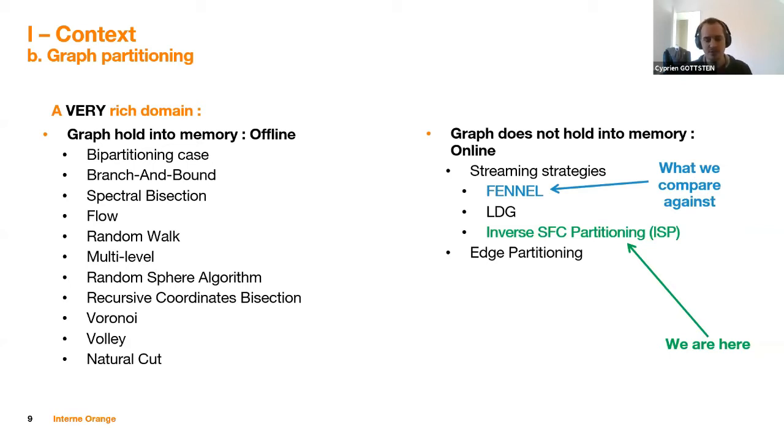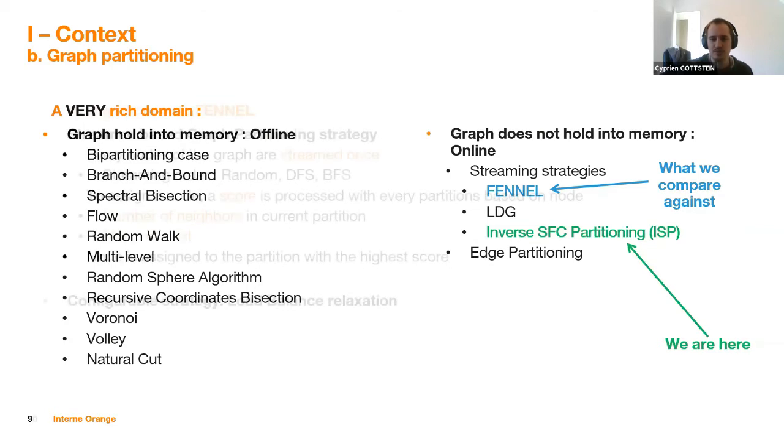An important note is that ISP is based on geometry to partition a graph. And geometry itself can be very expensive if we use it without precaution. So we do use a heuristic in ISP, and it is the use of the space filling curve. Before explaining to you what ISP is, just a little step through FENNEL.